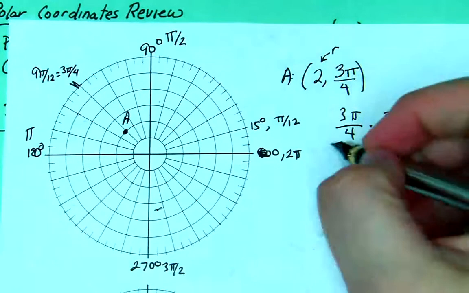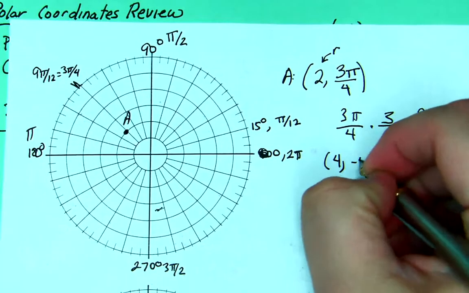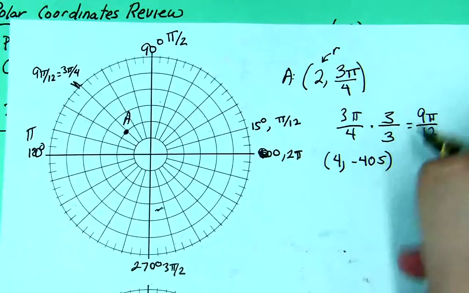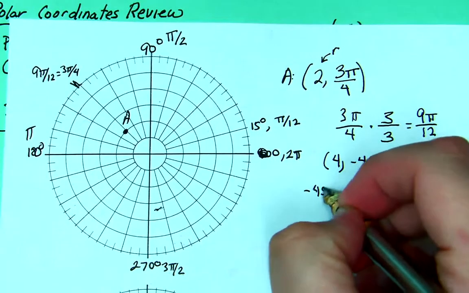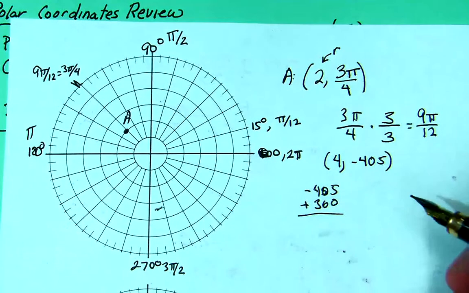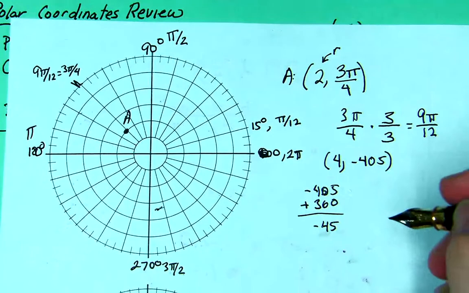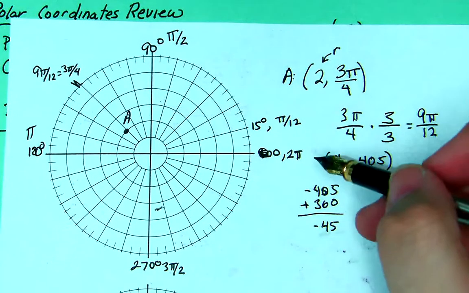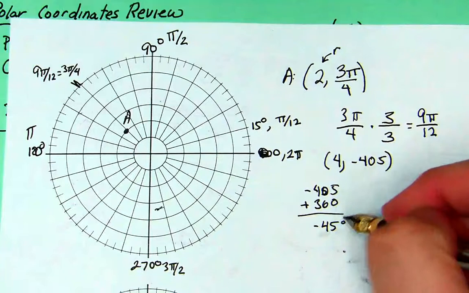If you have, for example, let's say negative 405 degrees, well, take this negative 405 degrees, add 360 to it, and you're going to get negative 45 degrees. So that tells me that we still have to go negative 45 degrees, or 45 degrees in the negative direction.